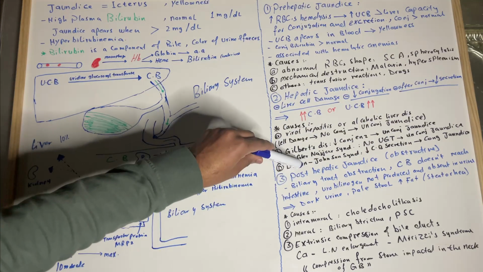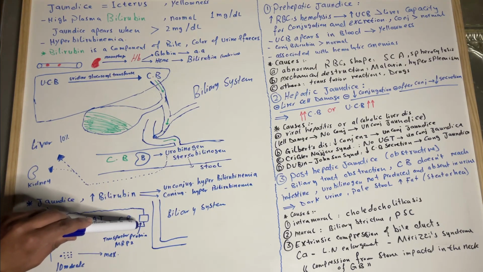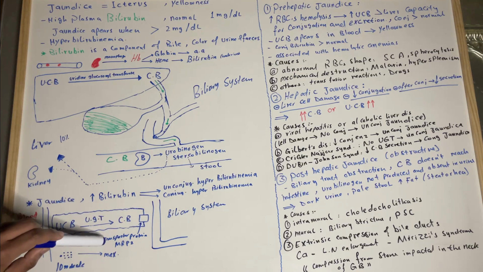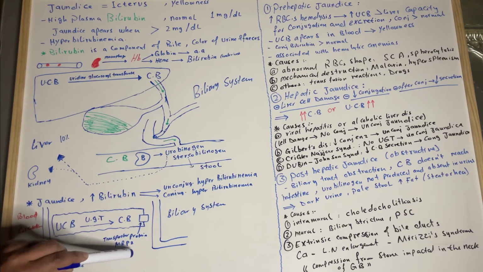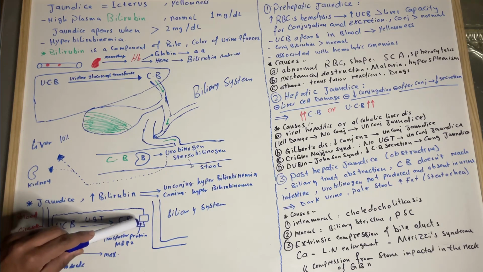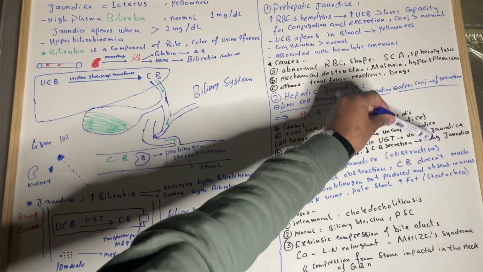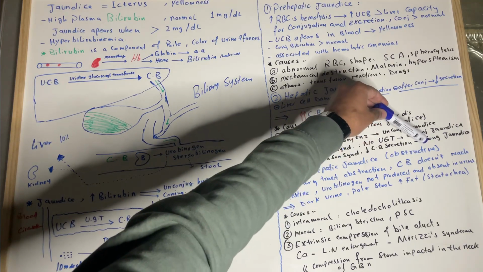In Dubin-Johnson syndrome, there is a deficiency or defect in the transporter protein MRP2. So we have already conjugated bilirubin, but the problem is in the secretion, so there is an increase in conjugated bilirubin, and we have conjugated jaundice.